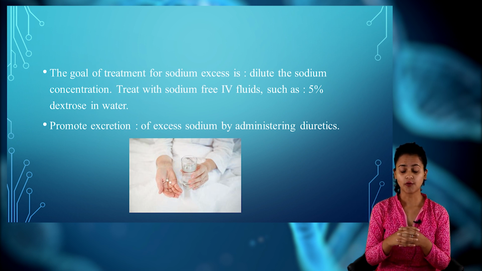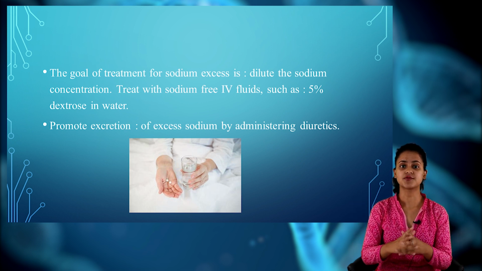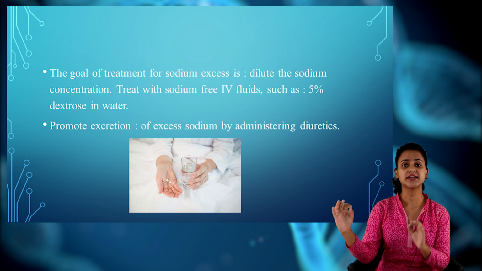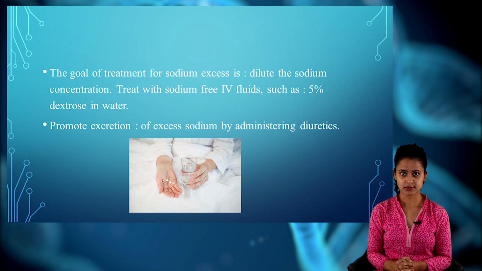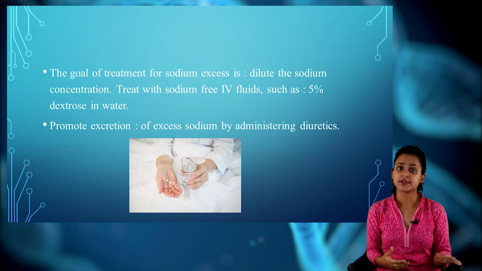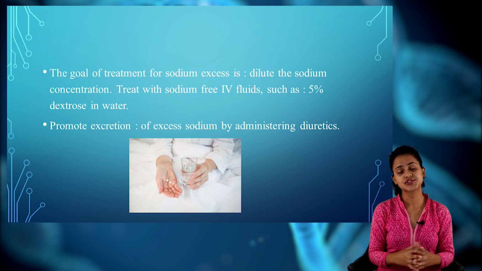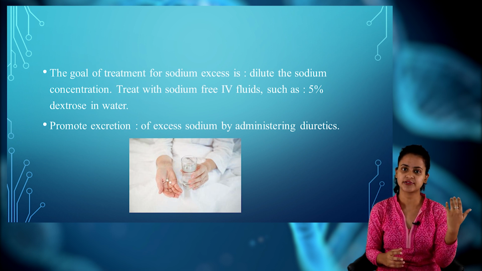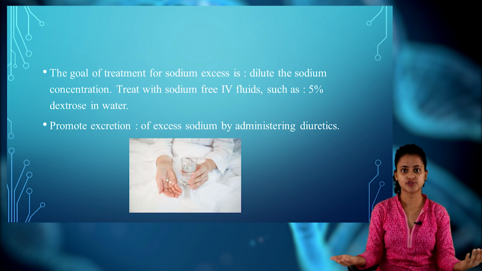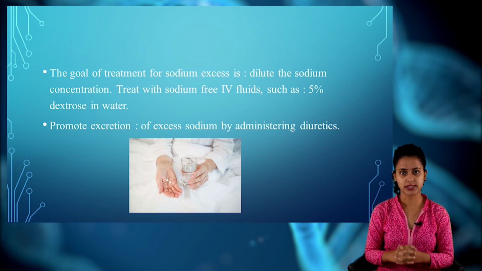That is the reason we often treat the client with a sodium free intravenous solution. Often the client will also be put on diuretic therapy to promote the excretion of sodium through the urinary output.